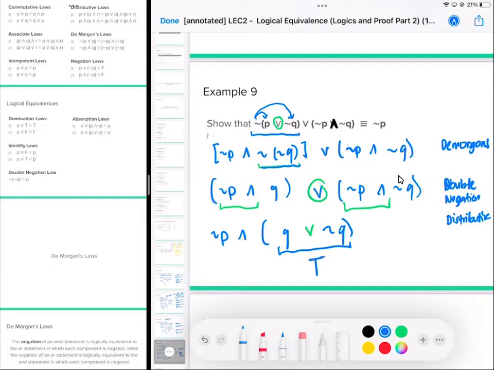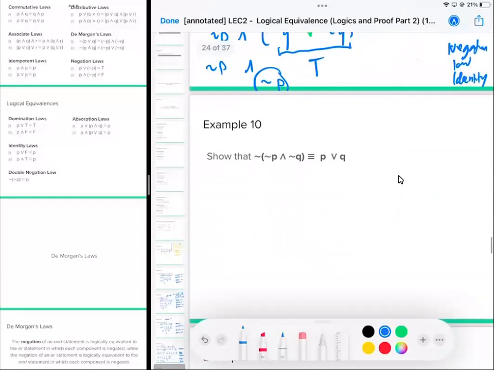So this will evaluate to true and not P. Here we have used the negation law. And not P and T will be equivalent to not P using the identity law. So now we have proven that they are logically equivalent.